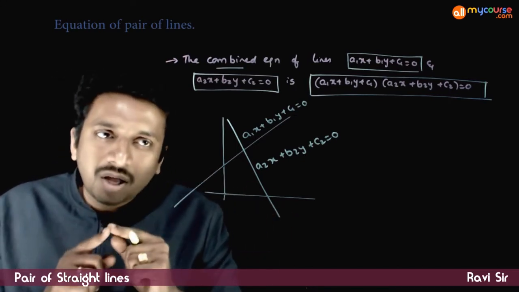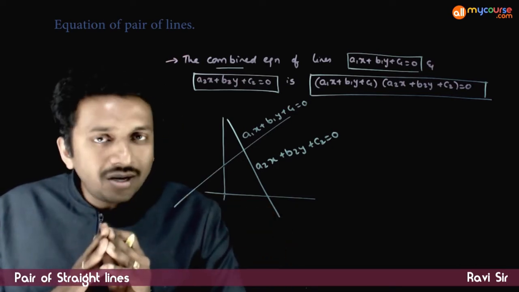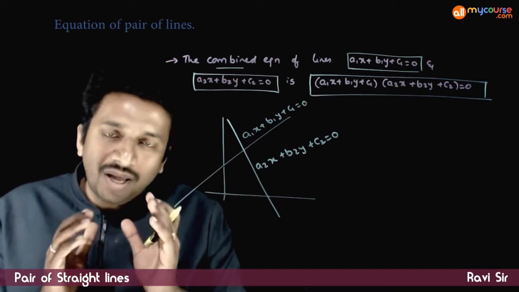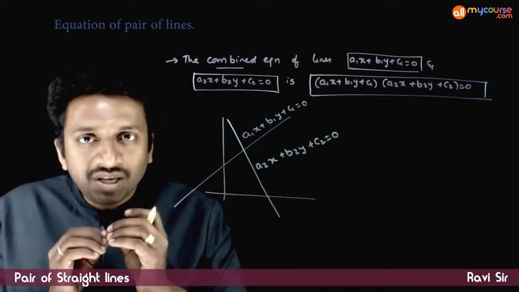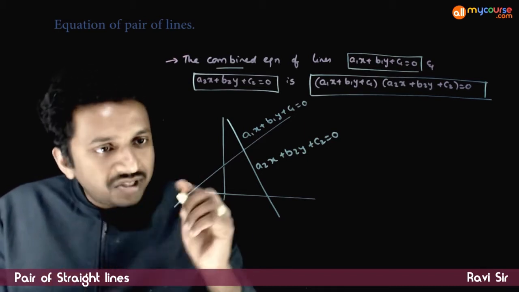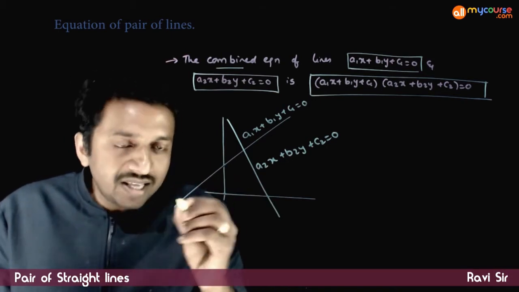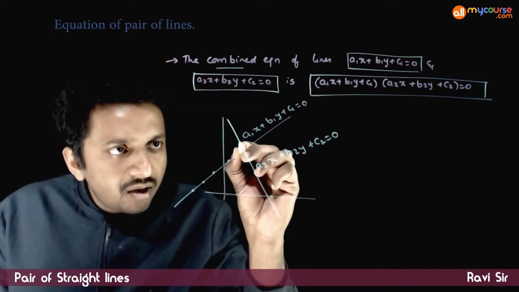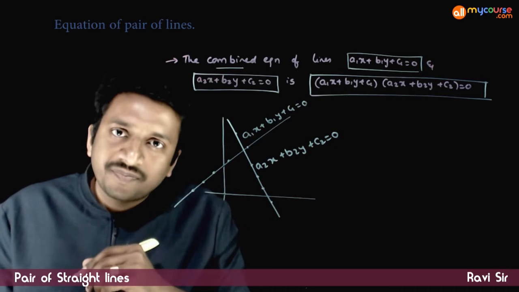So if I want to talk about both these lines at the same time, what is the combined equation of these two lines? Again, look at the definition of the equation. Equation means some condition which each and every point on the curve satisfies. So is there a condition which each and every point on this combined equation satisfies?